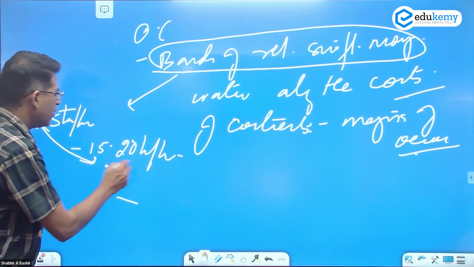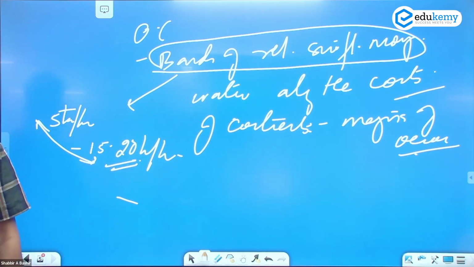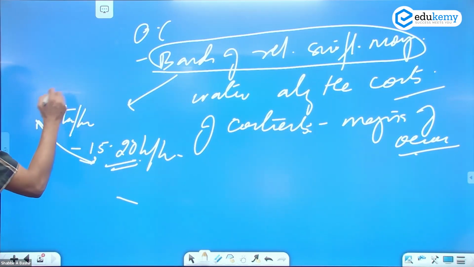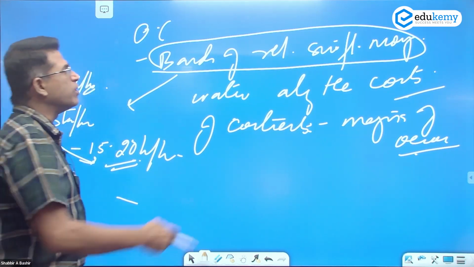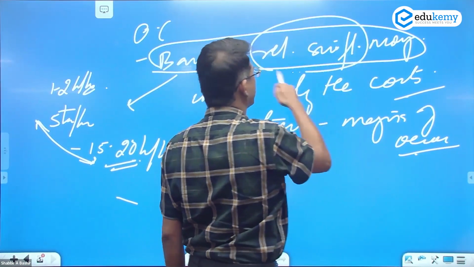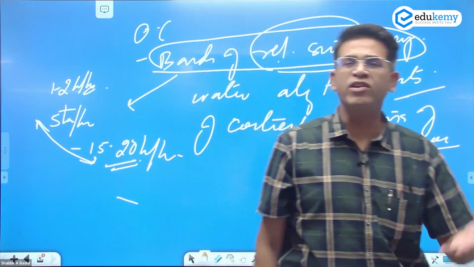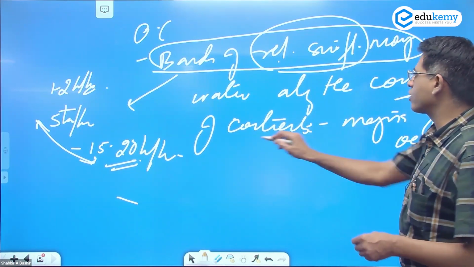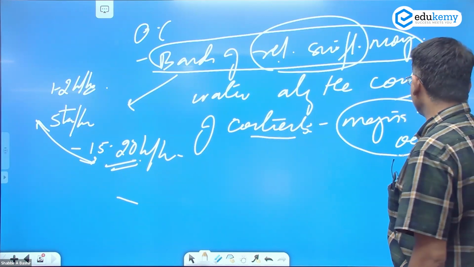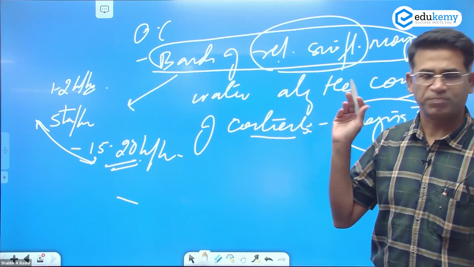These are the faster ones. Sometimes they are also as slow as even 1 to 2 kilometers an hour. That's why I use the word relatively swift. They're not like winds the way we know winds. And they're along the coasts of the continents and the margins of the oceans.